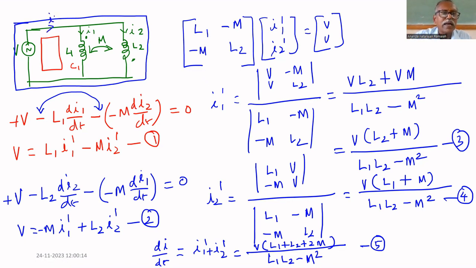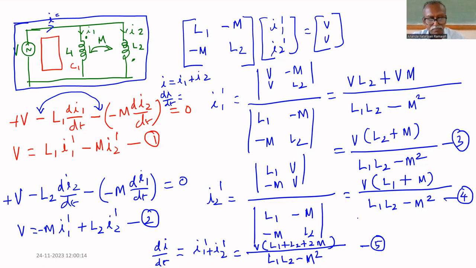This is I, and this is I1, I2. We know that I equal to I1 plus I2, which means di by dt equal to di1 by dt plus di2 by dt. By using that, we wrote di by dt equal to this.